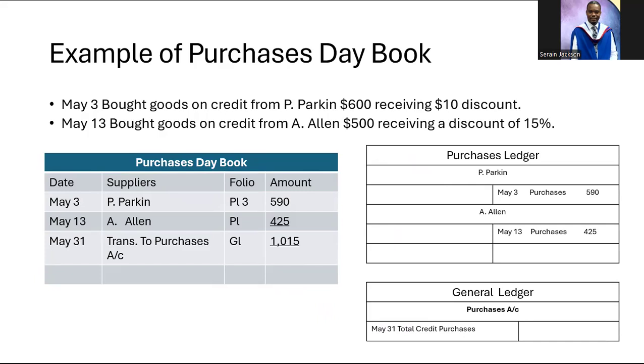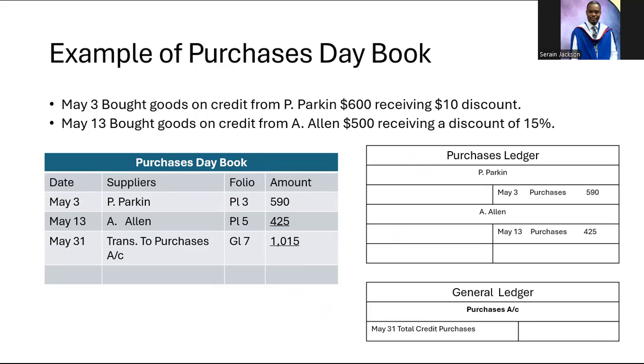The purchases account, you would find it in the general ledger, right? Let's say it's on page 7 in the general ledger, right? So you put general ledger, page 7, and then the amount is 1,015. This would normally be double lined, all right? So you would double line that, and that is the total of your purchases journal, and that is how you balance off your purchases journal.